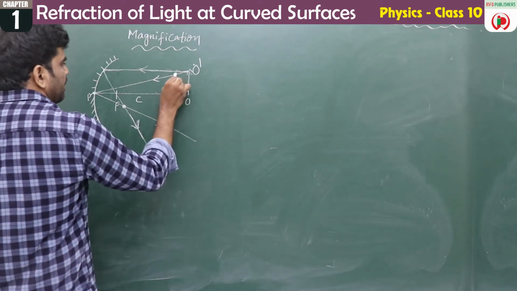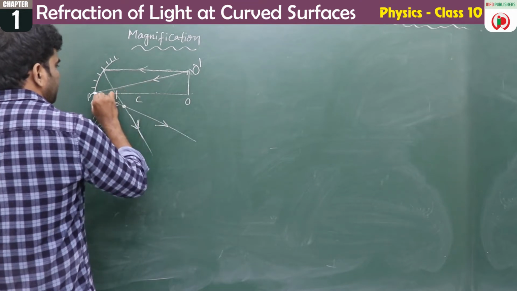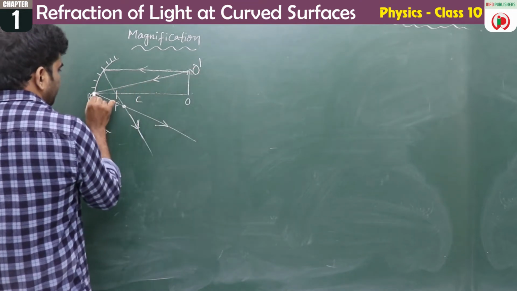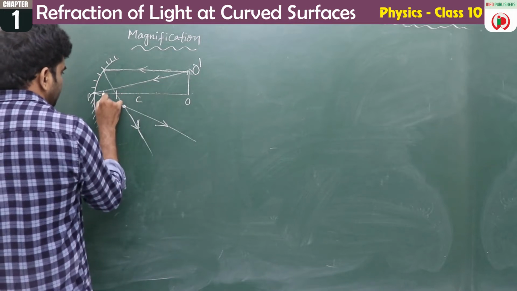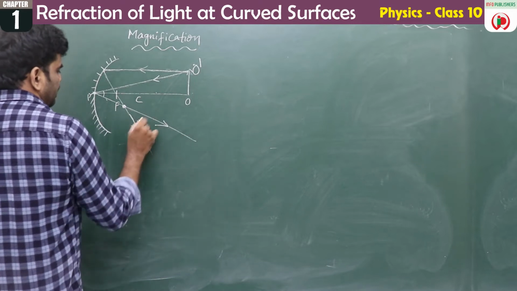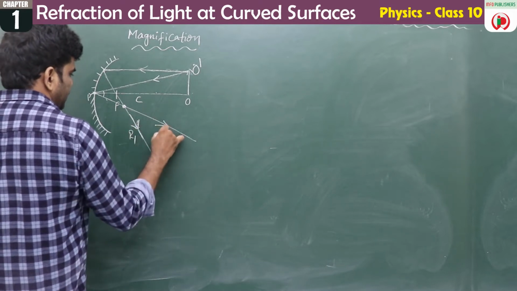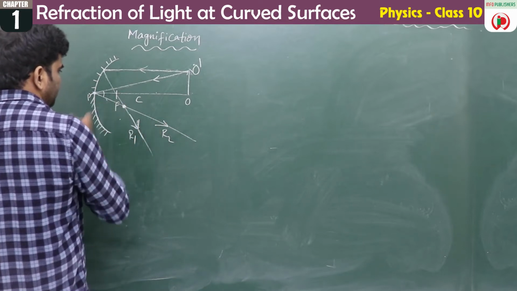Second ray, another ray coming from O dash. Here, according to the law of reflection, it gets reflected like this. So this is ray R1, this is ray R2, and these two rays will meet here.